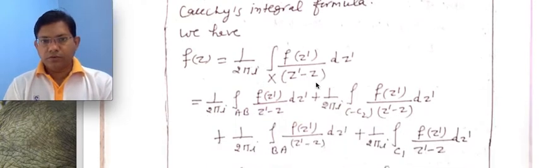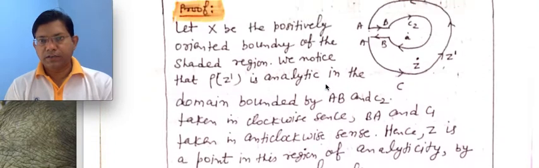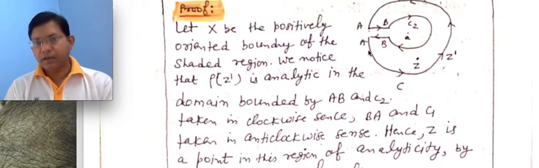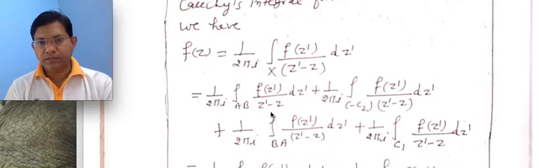which is equal to 1 upon 2πi integral over path AB, then path C2, then BA, and then path C1.